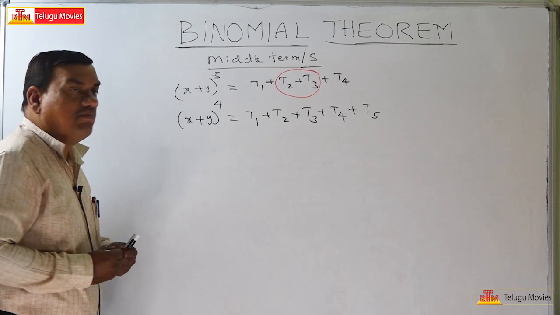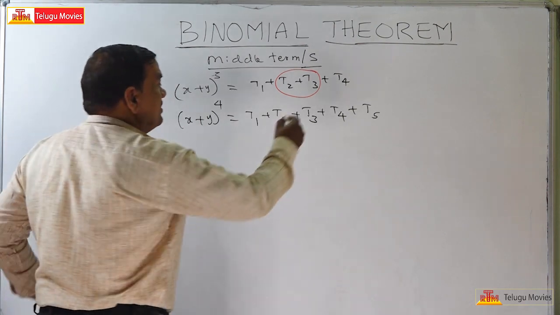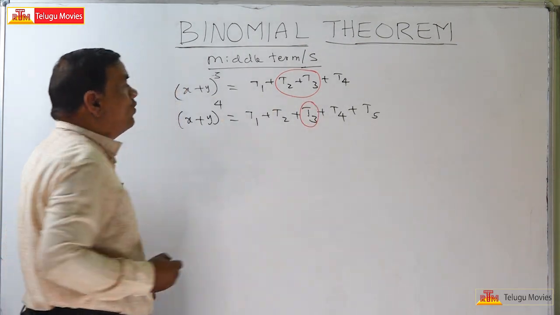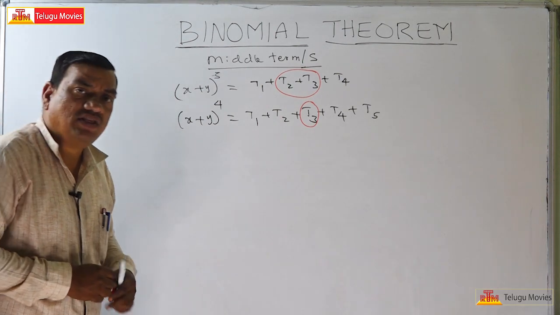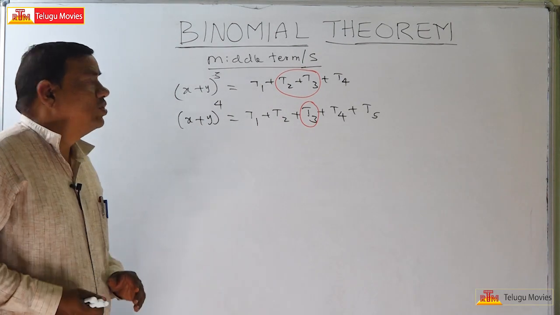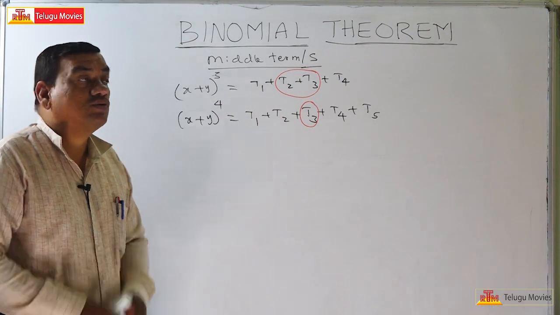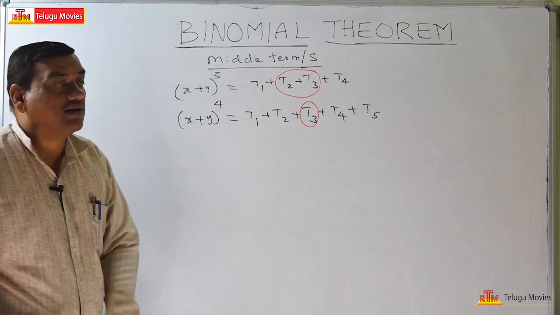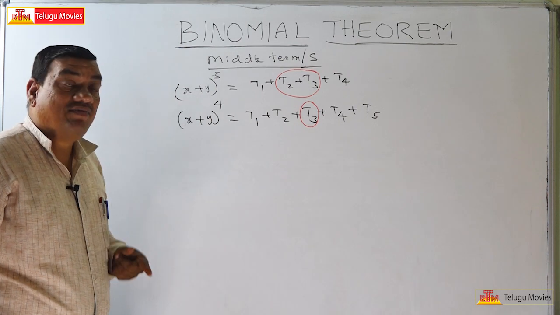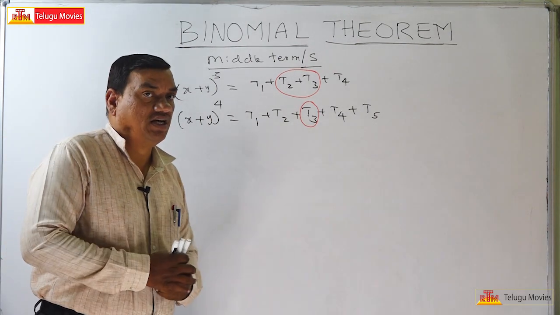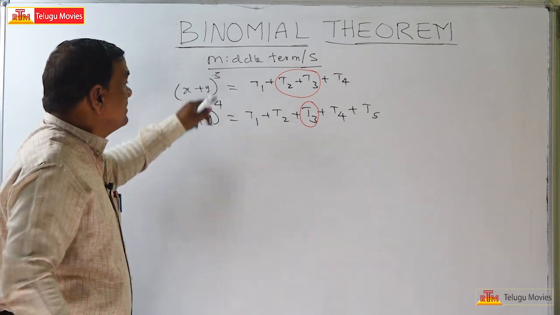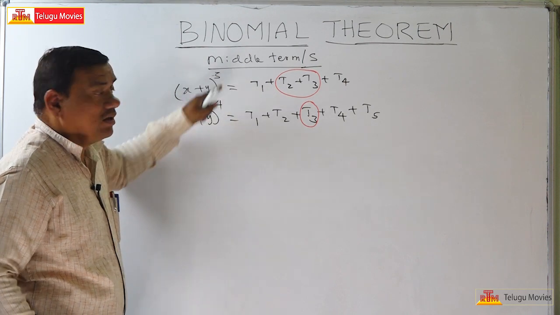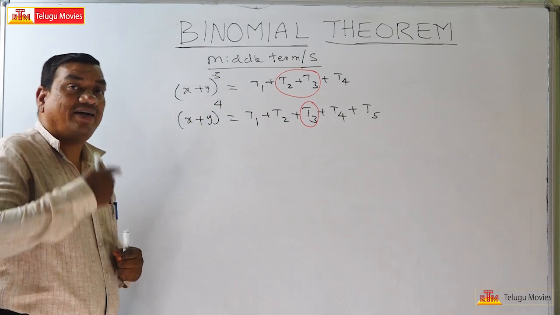Then what will be the middle term? The middle term is exactly 1 and only 1 term. So from this example, what is the conclusion? If the power is odd, there are 2 middle terms. If the power is even, there is only 1 middle term. So that all depends upon the power of the binomial or index of the binomial.